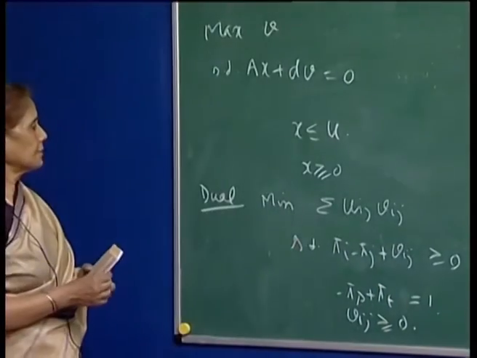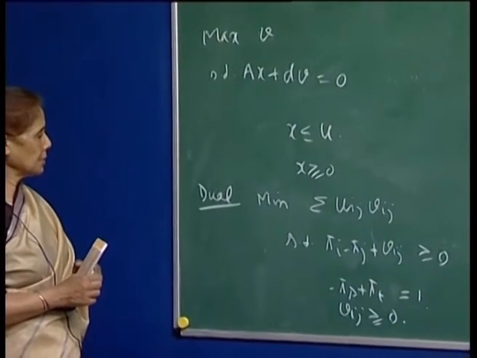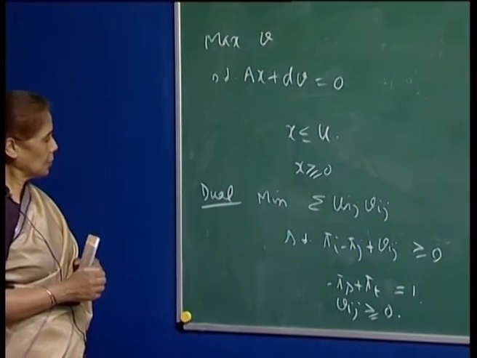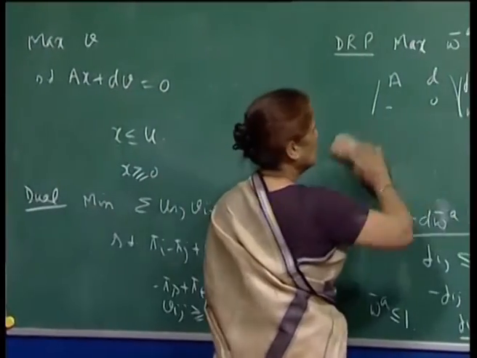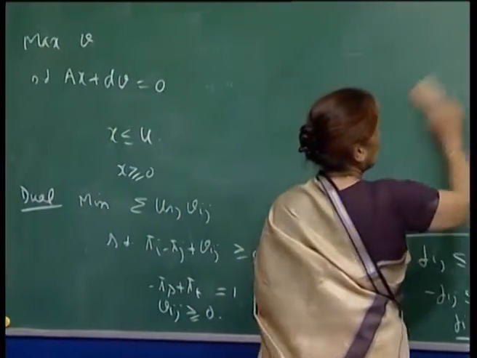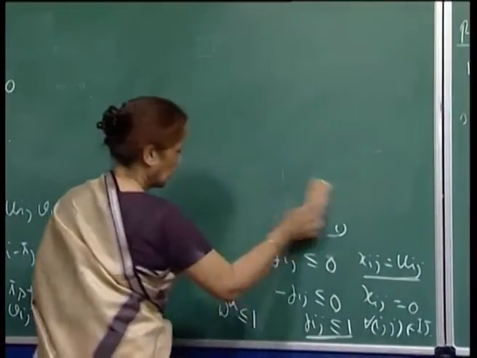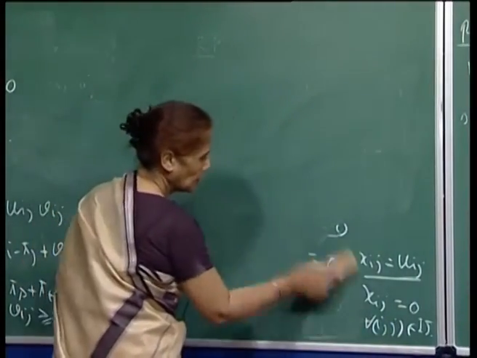Okay, fine. So, now I want to show you that a dual feasible solution can be looked upon as representing cuts. I introduced to you the idea of cuts, which is the partition of the node set.